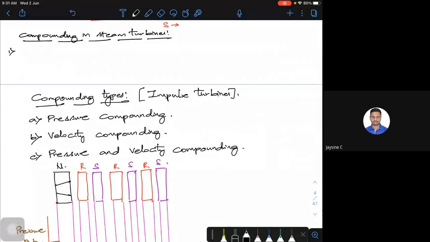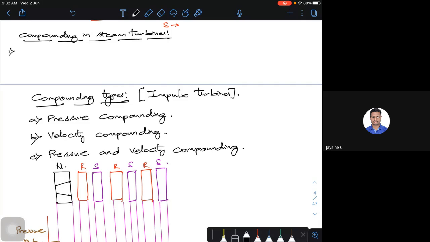Okay, fine. Compounding is the method of reducing the rotational speed to working limits. That's one thing. How is it done? We arrange a set of stator vanes and rotor vanes. So rather than having a single stage, compounding means going for a number of stages. That's it.